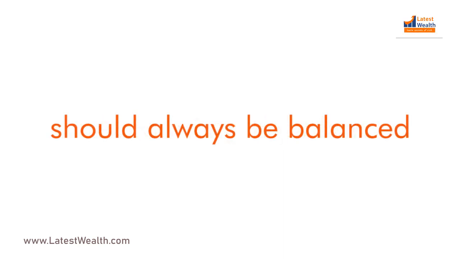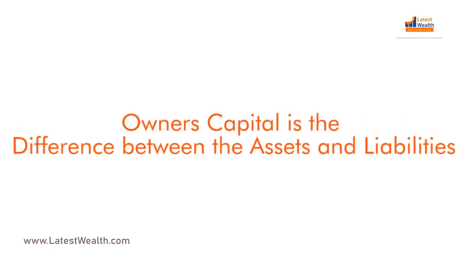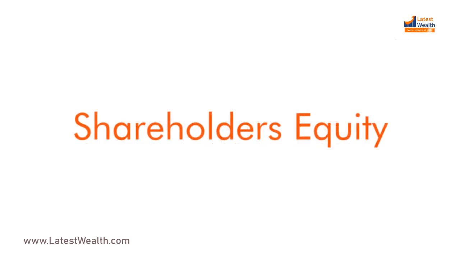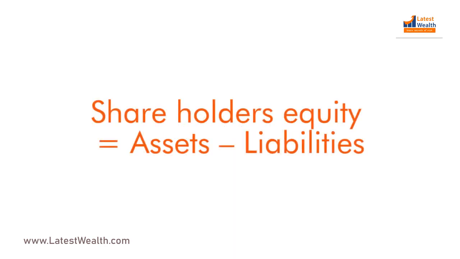In other words, assets of the company should be equal to liabilities of the company. This is because everything that the company owns has to be purchased either from the owner's capital or liabilities. Owner's capital is the difference between assets and liabilities. It is also called shareholders' equity or net worth. Representing it in the form of an equation, for example, shareholders' equity is equal to assets minus liabilities.